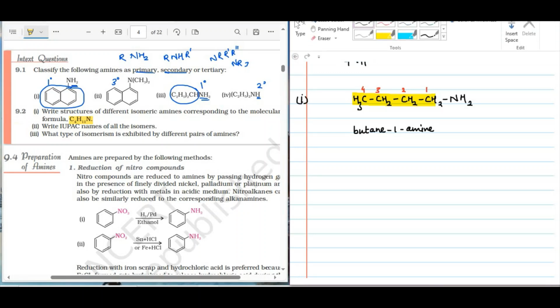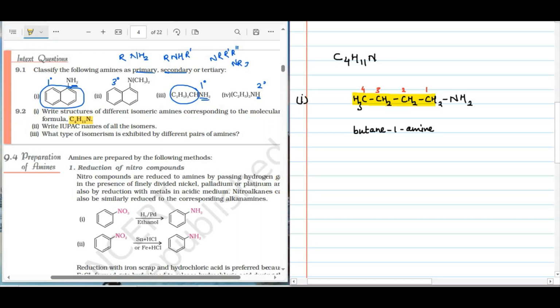Now let's change the position of the amine functional group. For the second isomer, we can just change the position of the amine functional group. So here I can write CH3, single bond CH2, single bond CH, single bond CH3. This time I can attach the amine functional group to the second carbon. So here NH2.